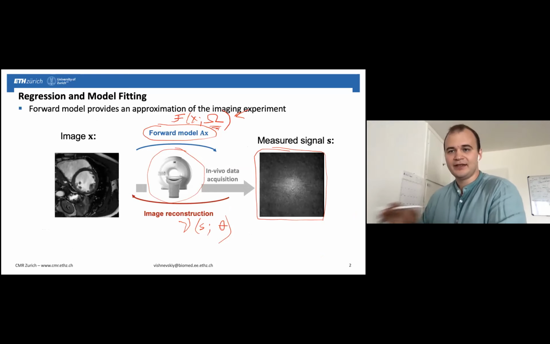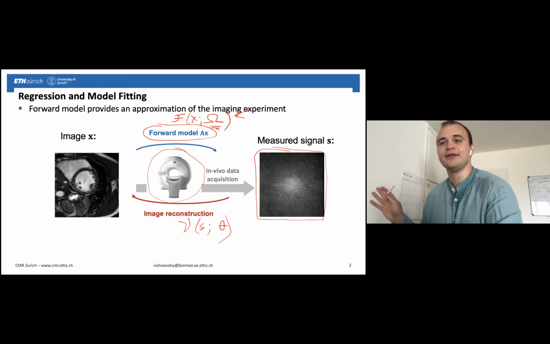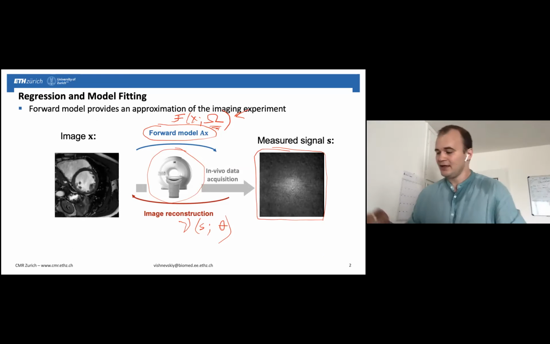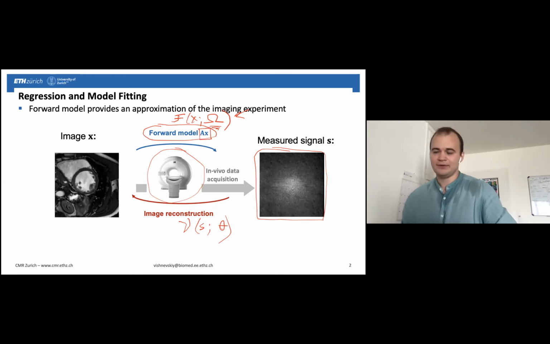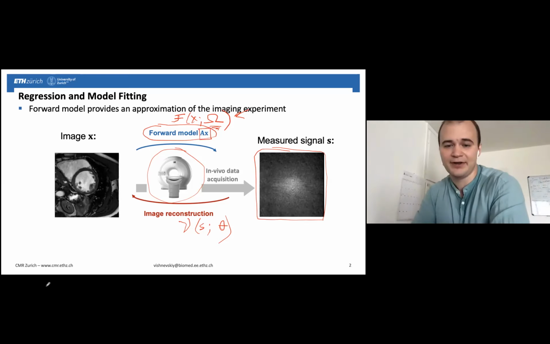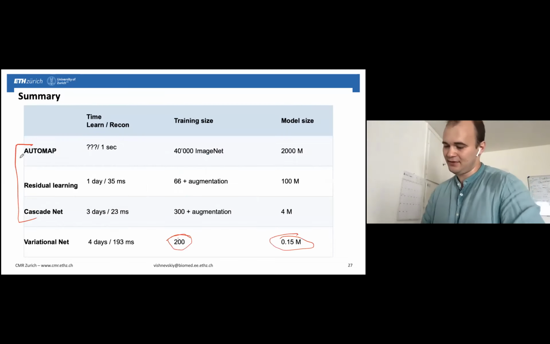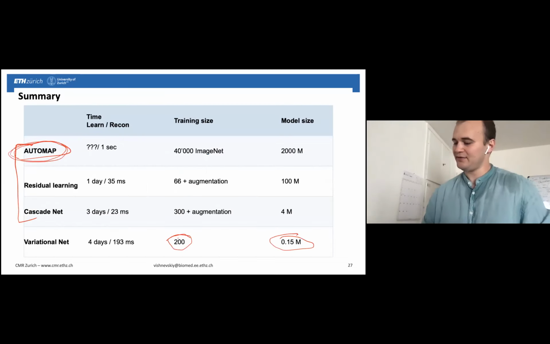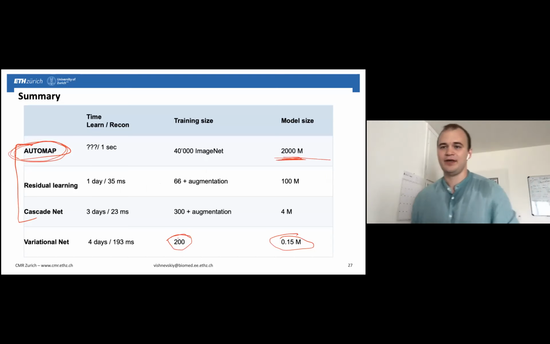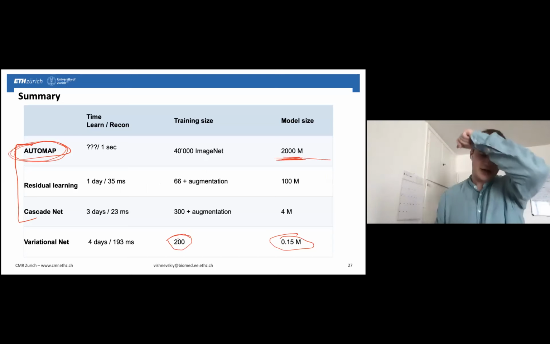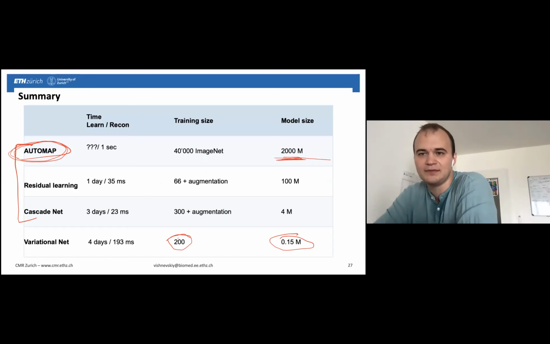Then take an arbitrary neural network architecture, a fully connected neural network, and you will relearn the Fourier transform, and you will also learn to provide an estimate and the image prior. However, the fully connected network is exactly the AutoMap architecture, and you see the amount of weights it has, the amount of training, and it's not scalable. I don't see it being used anywhere, except manifesting the results.